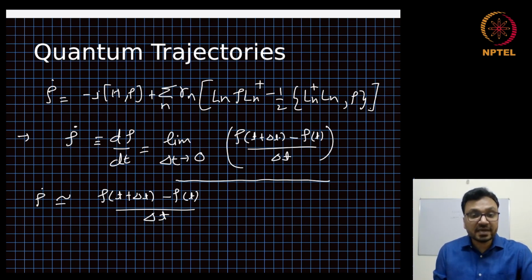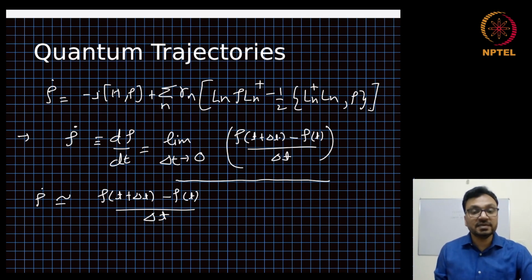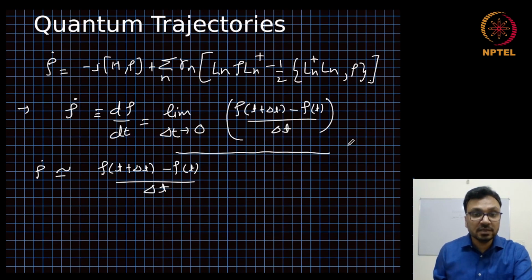We need to try different values of delta t and see if we are getting absurd answers or not. If the answers are fine, then probably the delta t we have chosen is fine. This way of dealing with the derivative of a function is called the finite difference method. This is used in numerical simulations very often.